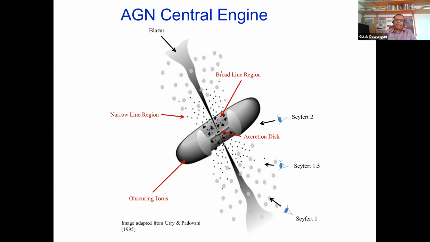Above and below this accretion disk, there are line emission clouds, which are called the broad line region clouds. And of course, in the innermost region, there is an X-ray emitting region as well, which I will discuss. And there may be jets emanating from very close to the black hole as well.